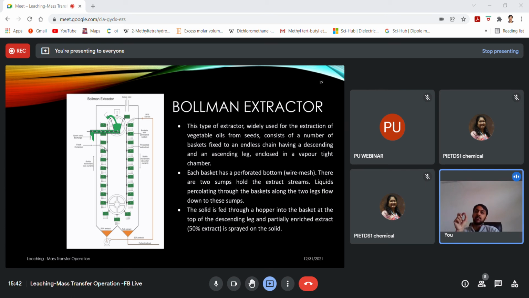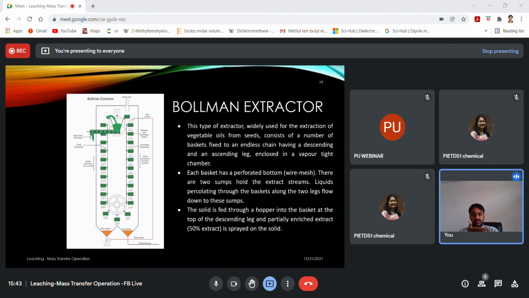It consists of a number of baskets. See, that segment is called a basket, fixed onto an endless chain having a descending and ascending leg. One side is going downward, one side is going upward, enclosed in a vapor tight chamber. Each basket has a perforated bottom.